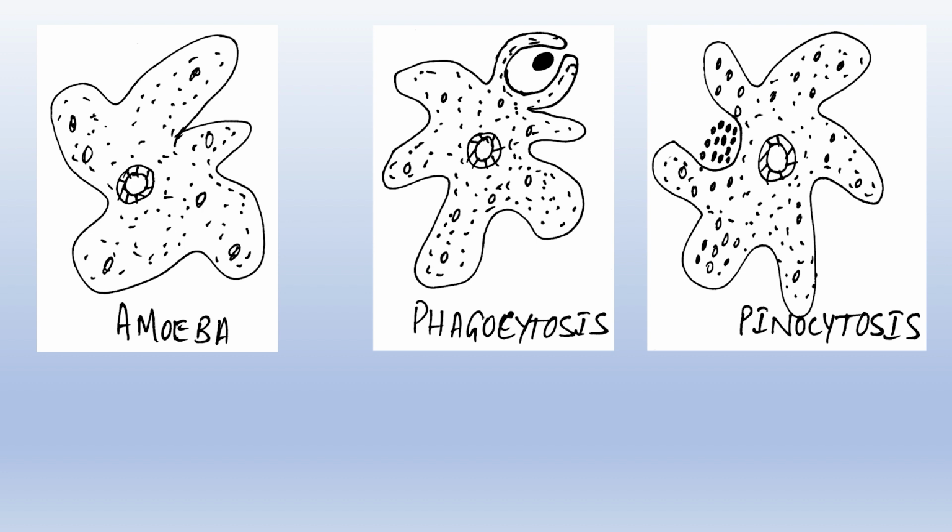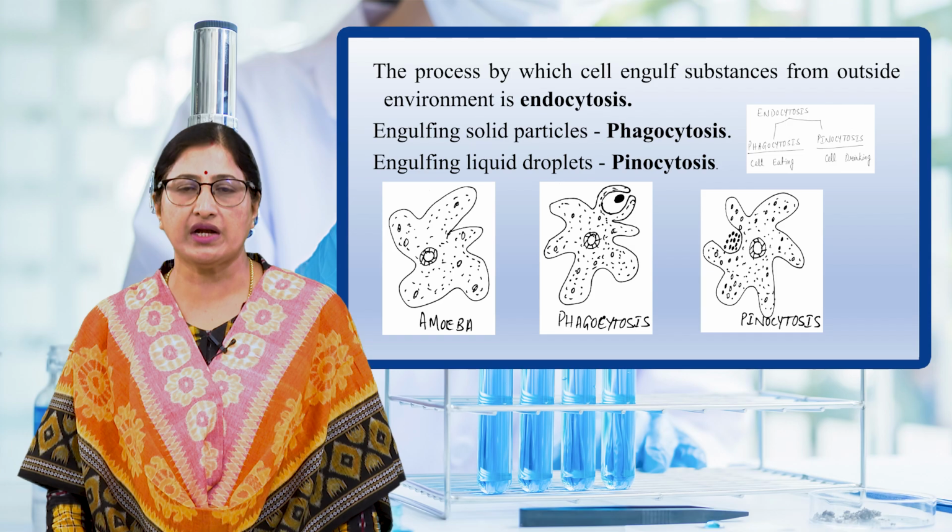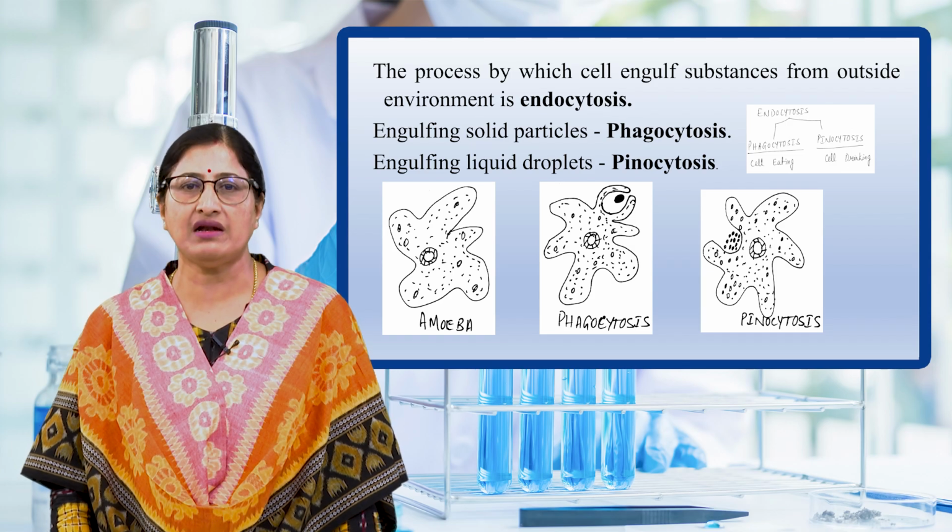And the third one is pinocytosis, where liquid droplets come closer to the cell membrane of amoeba, then gradually they dissolve into the cytoplasm. So, phagocytosis is also known as cell eating and pinocytosis is also known as cell drinking.